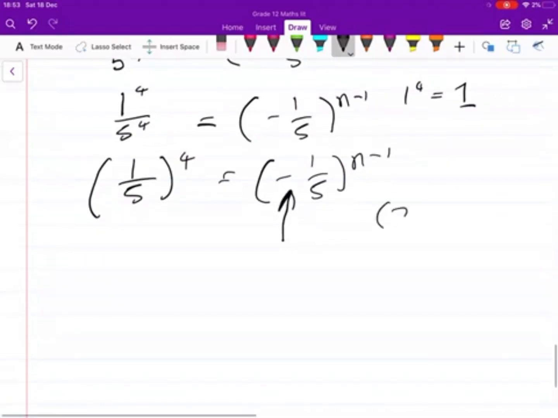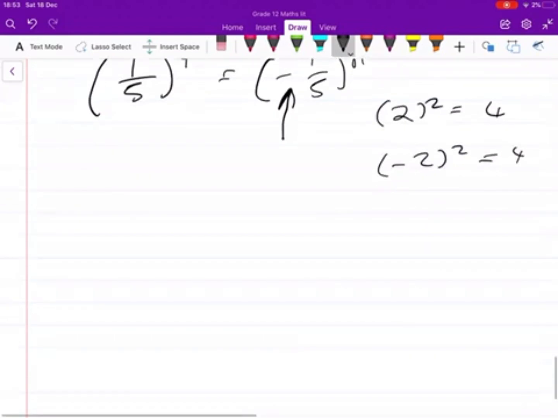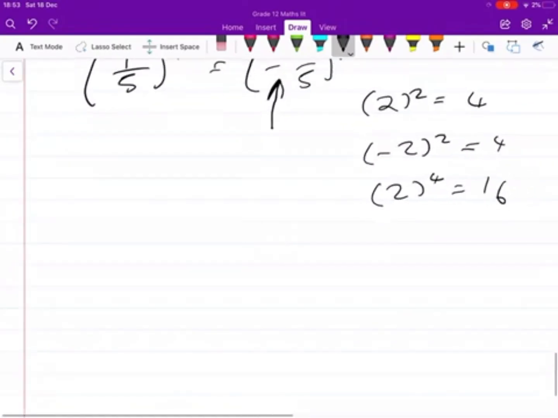But what I know is that 2 squared equals 4 and minus 2 squared equals 4. 2 to the exponent 4 equals 16, and minus 2 to the exponent 4 equals 16.